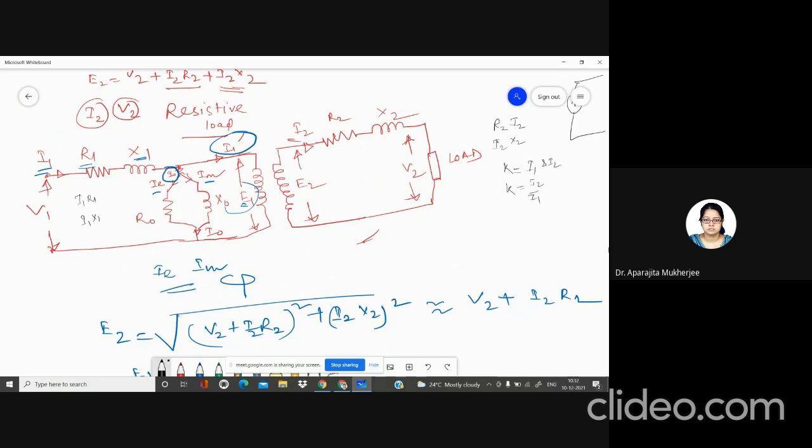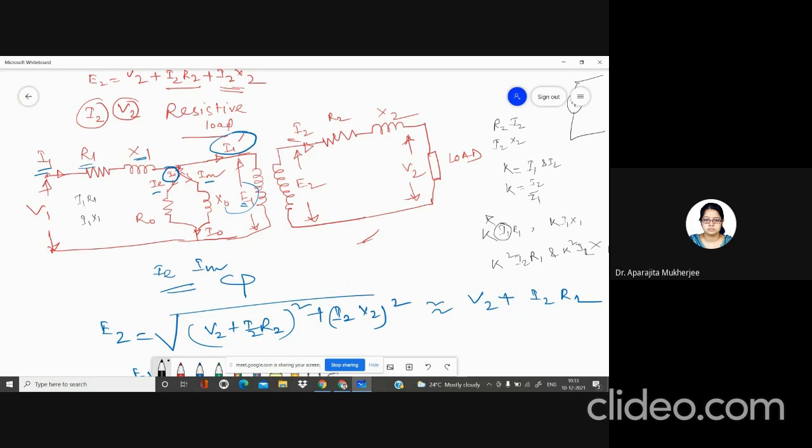That means we can write I1 R1 and I1 X1 in terms of K: K I1 R1 and also K I1 X1. And if I1 is substituted as K I2, we can also write it as K square I2 R1, and K square I2 X1.